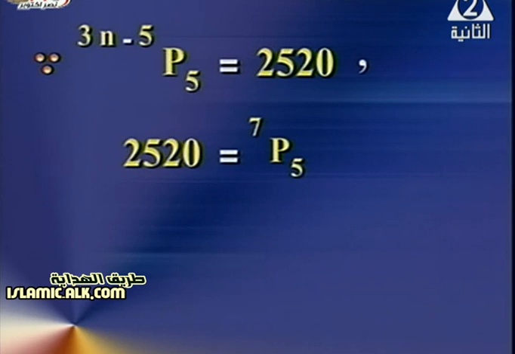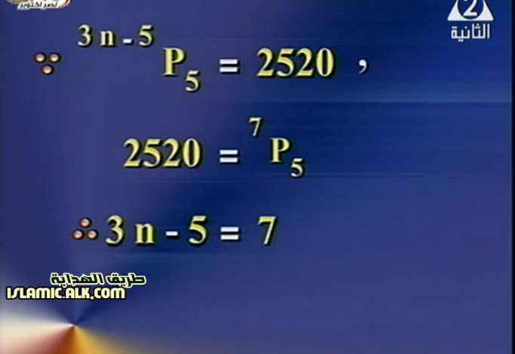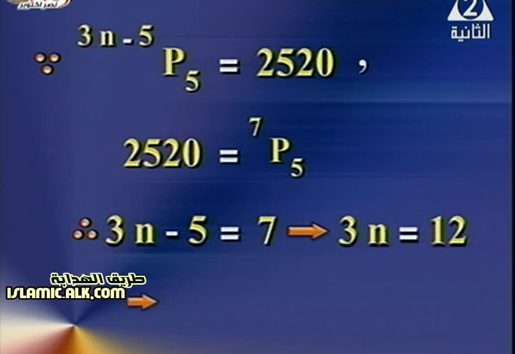Then 3n minus 5 equals what? 7. Equation, 3n equals what? 12. Therefore, n equals 12 divided by 3 equals 4. Remember, dear student, we have a large number, 2520. By using factorization, 2520 equals 7P5.